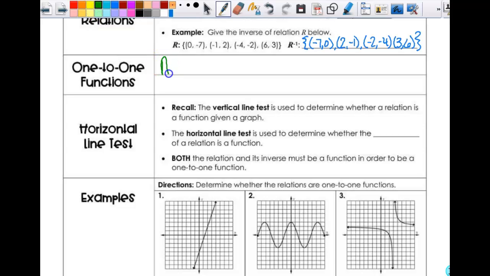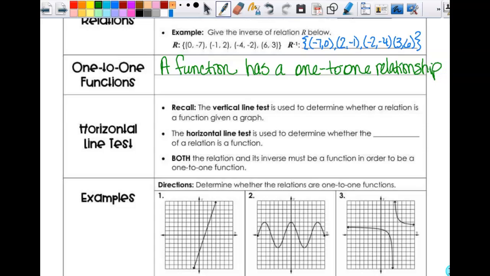Okay, so let's talk about functions and what it means to be a one-to-one function. A function has a one-to-one relationship if the relation and its inverse are functions.